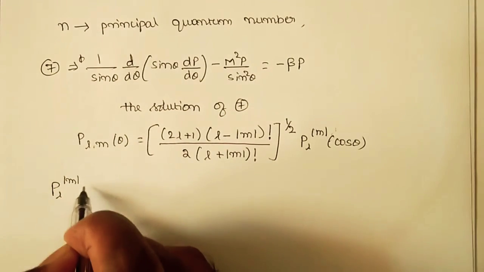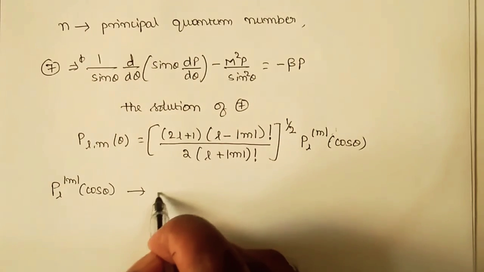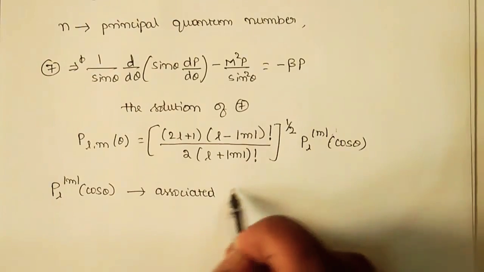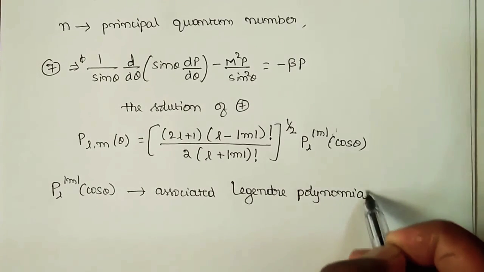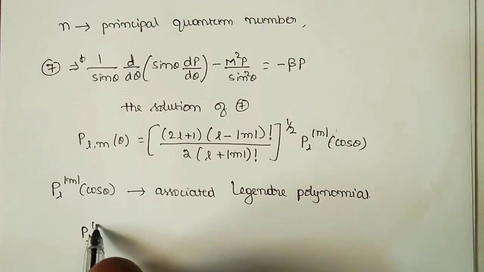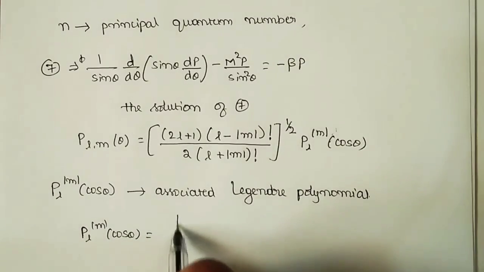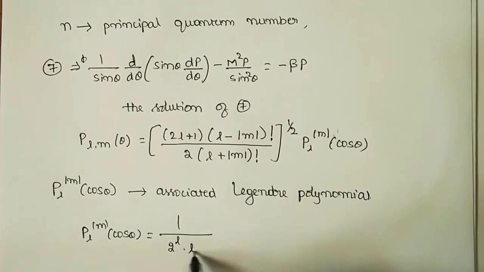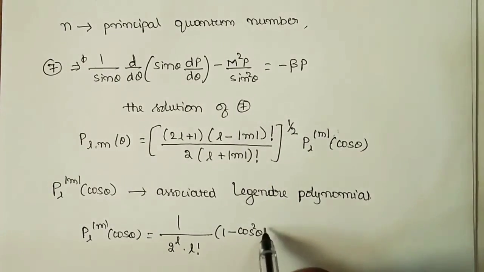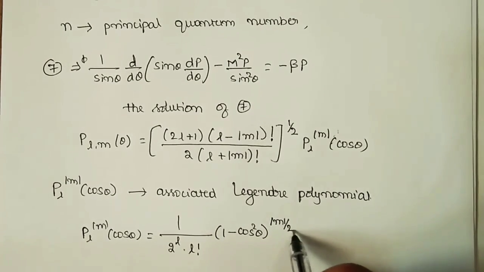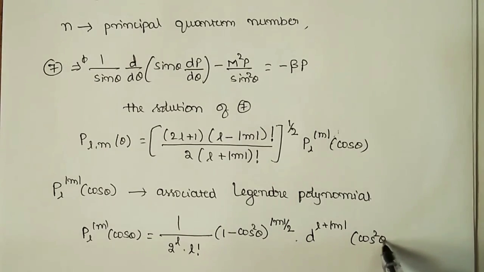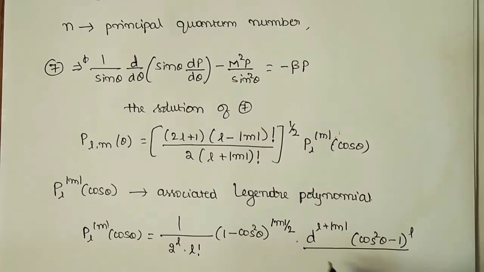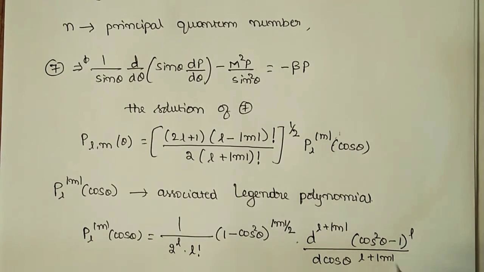This is called the associated Legendre polynomial, which is defined as P l of mod m cos theta, that's equals to 1 by 2 power l into l factorial of (1 minus cos square theta) whole power mod m by 2 into d power l plus mod m of (cos square theta minus 1) whole power l divided by d cos theta whole power l plus mod m.